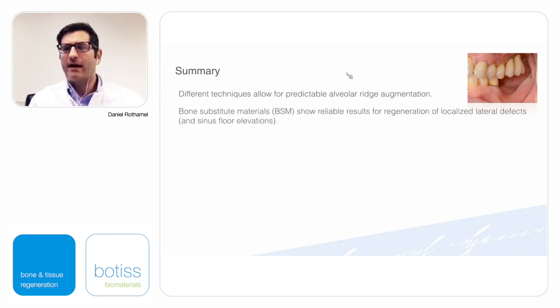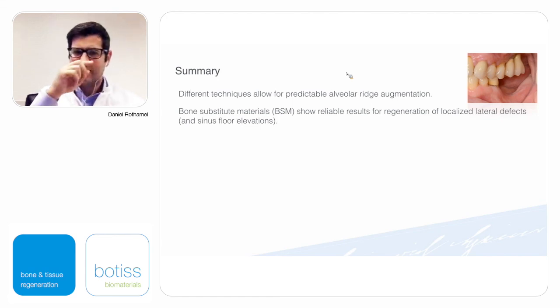Nevertheless, when we compare bone substitute materials and autogenous bone, we know that we can reach the same level of quality and also reliability of the result when we're using bone substitute materials instead of autogenous bone, especially for localized lateral defects, and sinus floor elevations, which was not the topic for today.